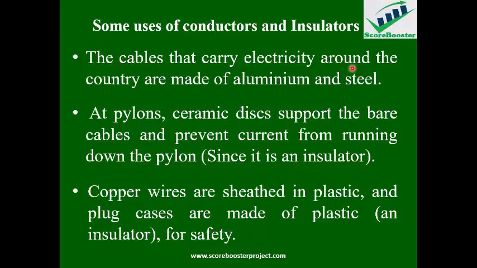Another one is the cables of electricity that pass through everywhere. They are conductors, because we want them to pass electricity. So we need something that allows passage of electrons. Aluminium is a very good conductor, steel is a very good conductor, copper is a very good conductor. In fact, gold is a very good conductor of electricity.